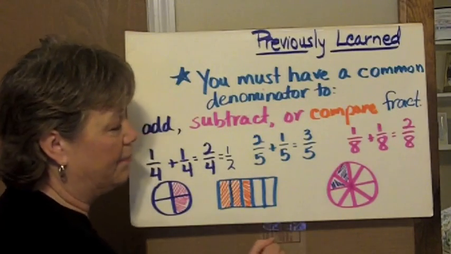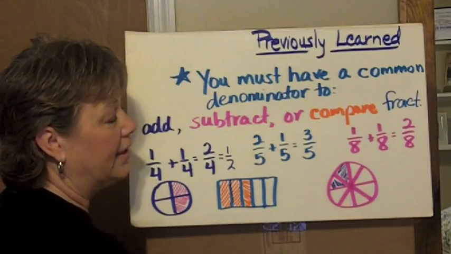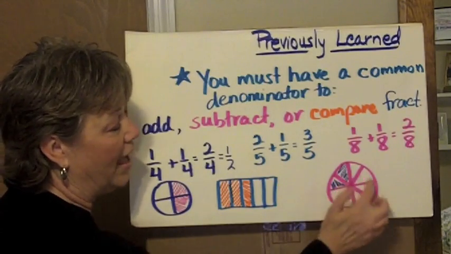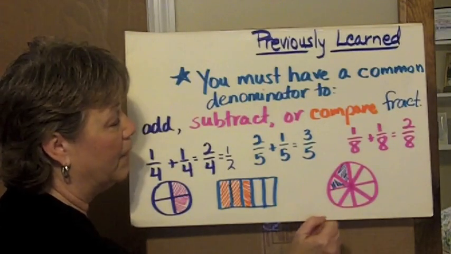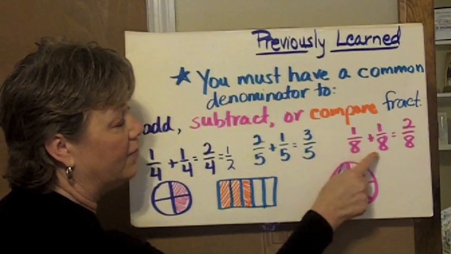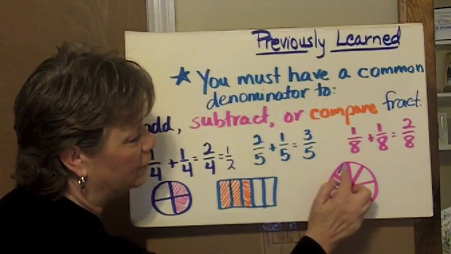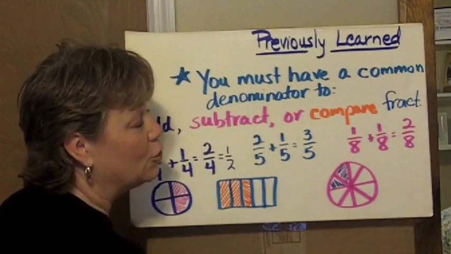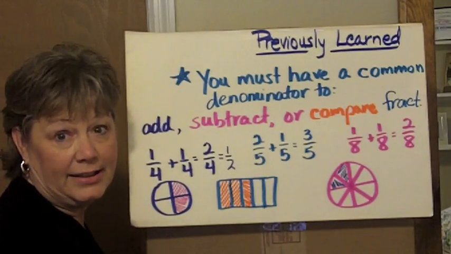And the last example, we've cut our whole into piece sizes of 8. So these are eighths in this circle. And the problem is to add 1/8 plus 1/8. So I've shaded in 1/8 and then another 1/8, and I get 2/8 shaded in.